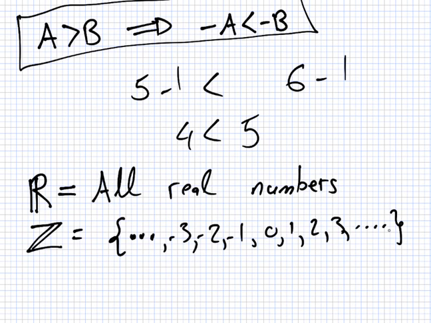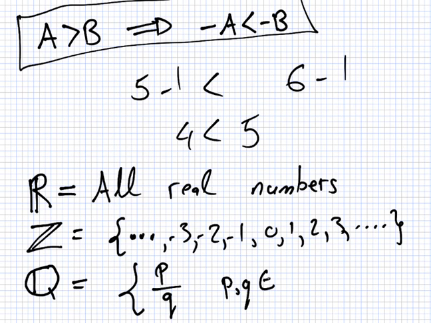Some people call them whole numbers because they're full numbers. No decimals, full numbers, the integers. Positive and negative. The next one is called the rational numbers, and these are all the numbers which are fractions, p over q, where p and q are whole numbers, and of course q is not 0.